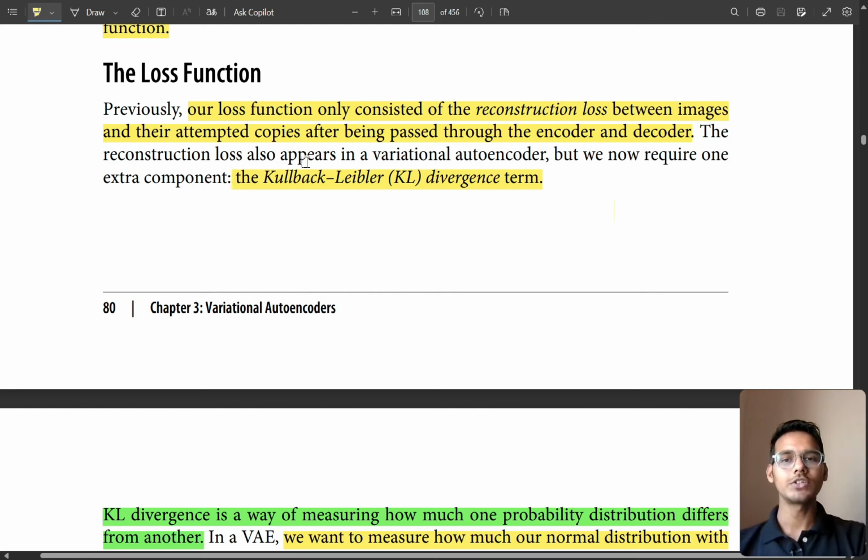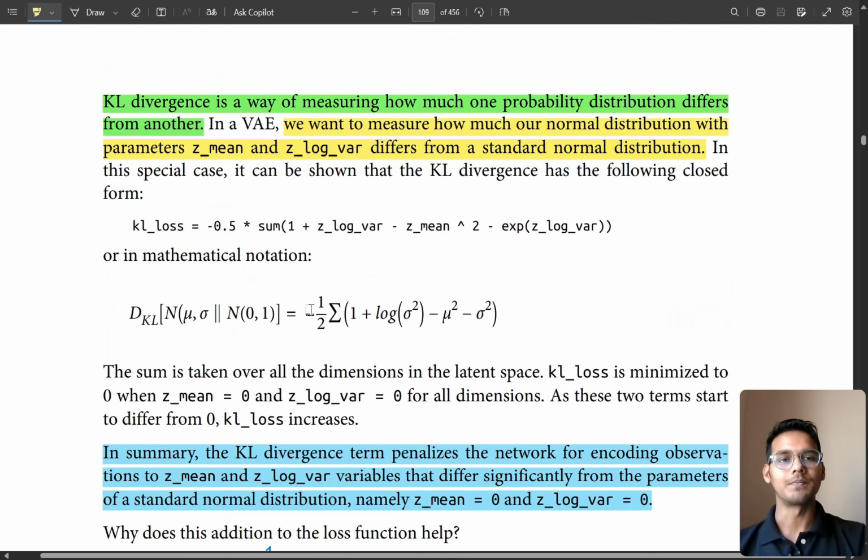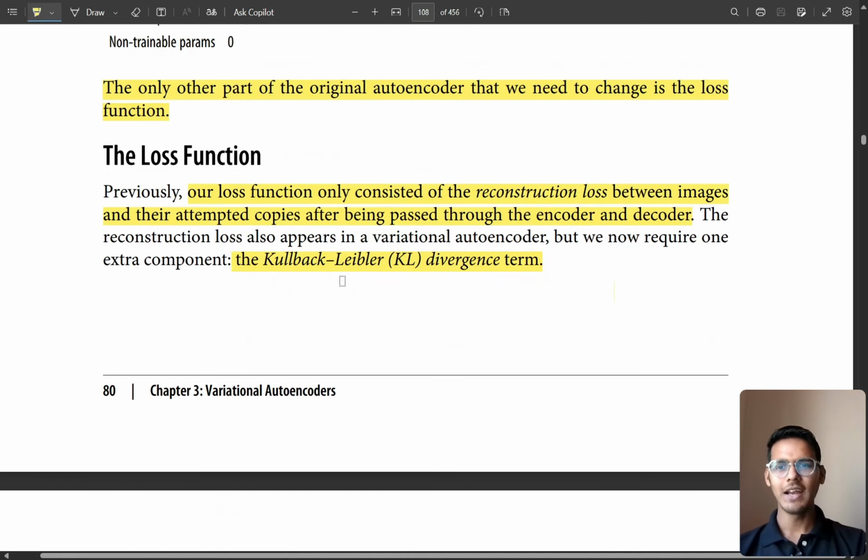The reconstruction loss also appears in the variational autoencoder, but we require one extra component, that is the Kullback-Leibler divergence term. This is KL divergence. What does it mean? It is a way of measuring how one probability distribution differs from another.